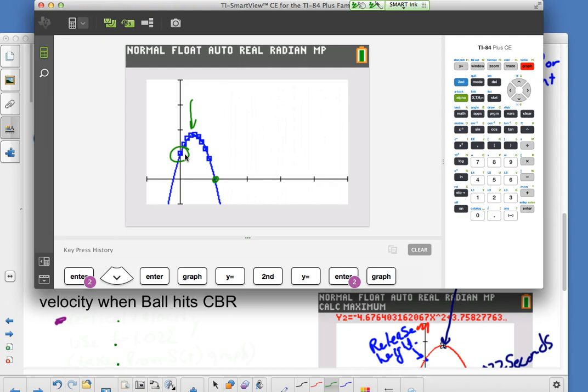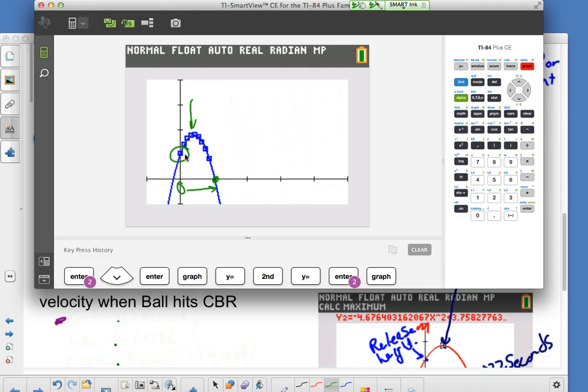What's that position? Ideas? When the ball stops. So where's the ball when it stops? It's on the ground. And really for the purpose of this, because I'm a perfect shot, it's on the face of the CBR, right? That's where it impacts the CBR face. Okay? And the time from 0 to whenever that happens is one of the things I have to seek out.